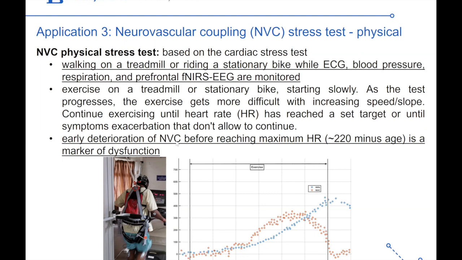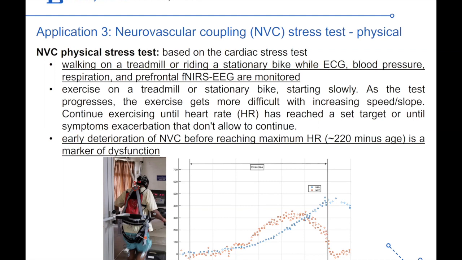Some subjects can continue exercising until that maximum heart rate, and their neurovascular coupling doesn't deteriorate. But in some, there is an early deterioration of neurovascular coupling well before reaching the maximum heart rate, and then the exercise has to be stopped. We consider this a marker of dysfunction.